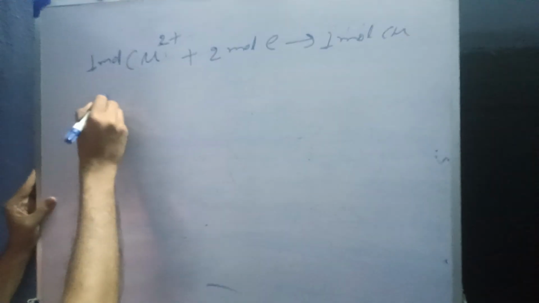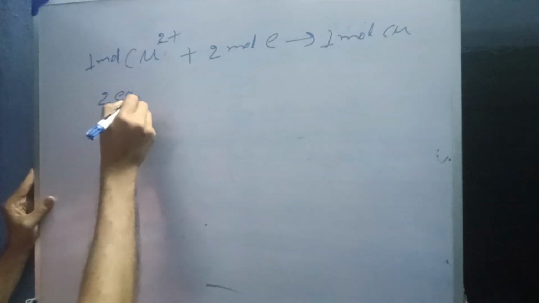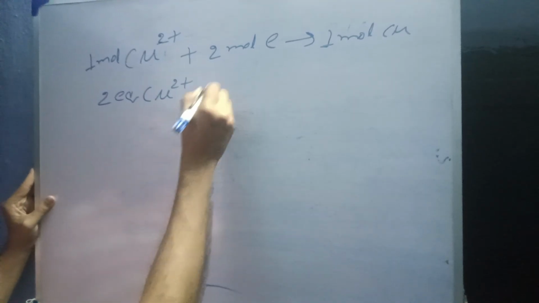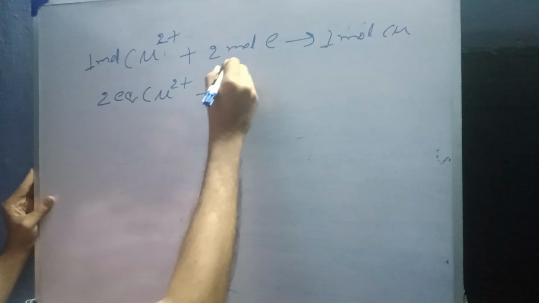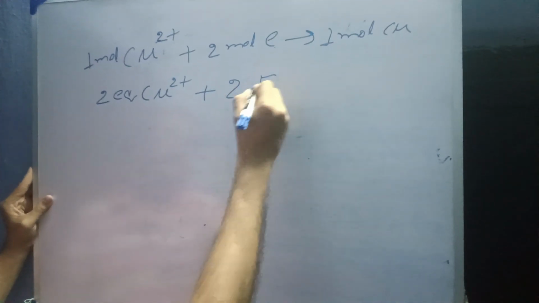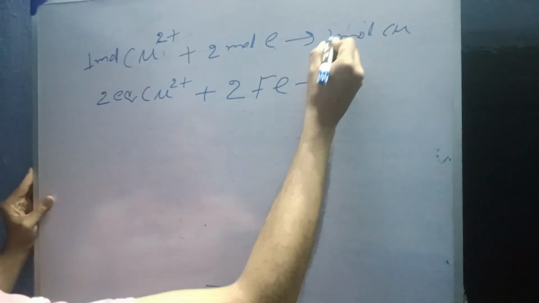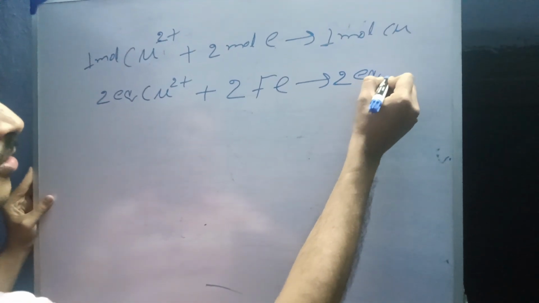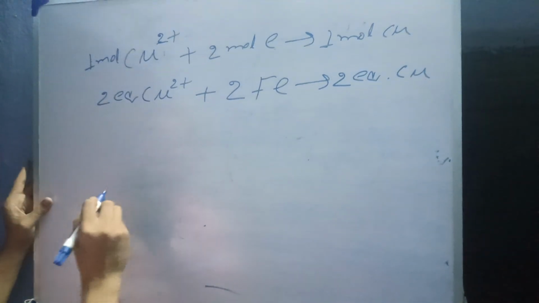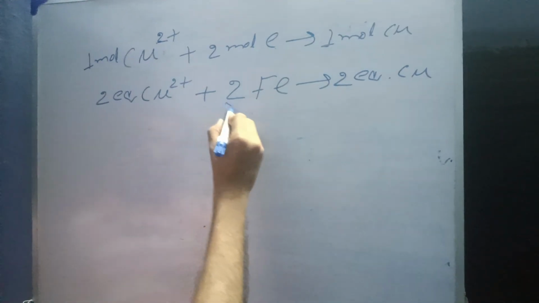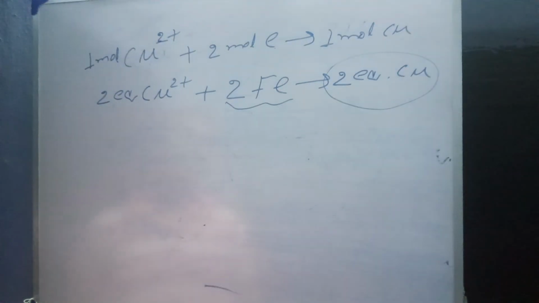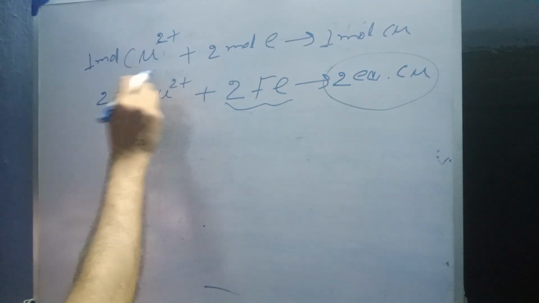Hence 2 equivalents of Cu2 plus, with 2 moles meaning 2 Faradays of electrons, give 2 equivalents of copper. So from 2 Faradays of electrons, 2 equivalents of copper are produced.